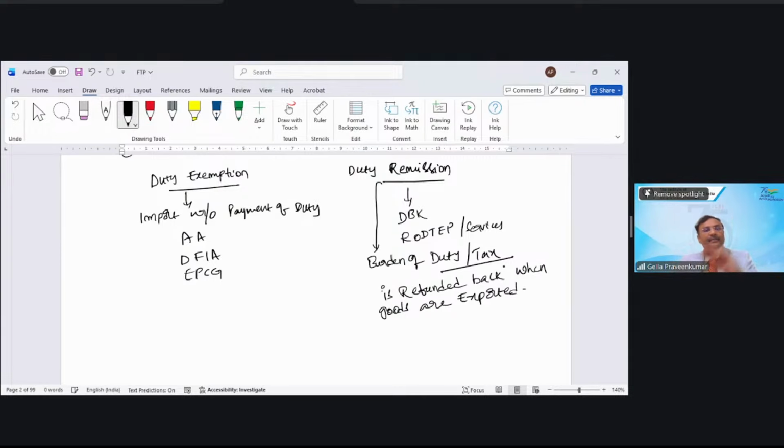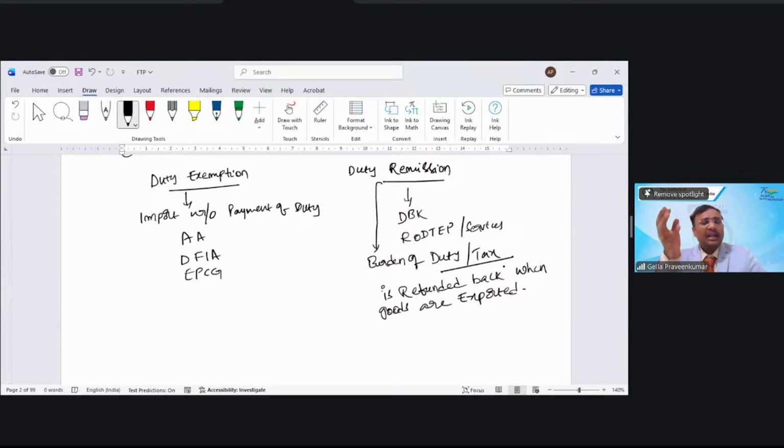So in one case, you take the hit and come to me to take a refund. Or you come to me upfront, don't take the burden, I'll absolve you from payment of duty. That is duty exemption vis-a-vis duty remission. This is pre-facto, that is post-facto.